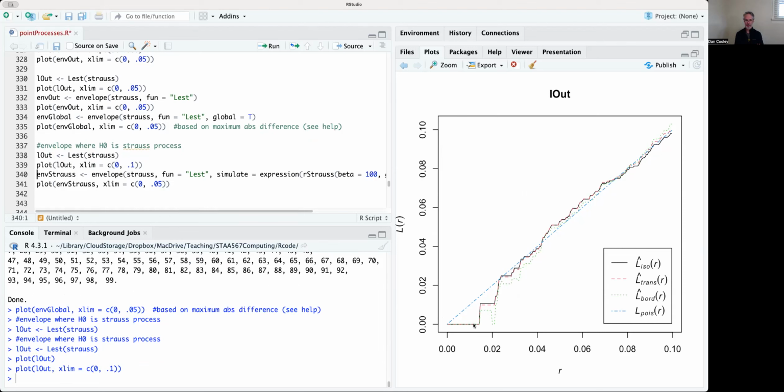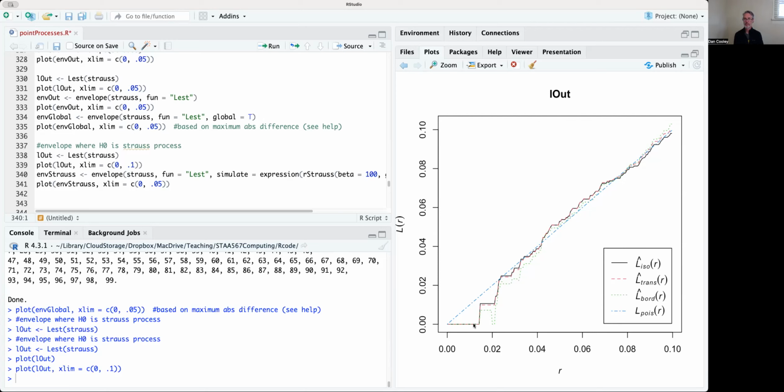But if you think about this procedure of generating an envelope, how does it work? Well, behind the scenes, it's generating a random field according to complete spatial randomness, calculating the L function, storing it, doing that repeatedly over and over again, and then it generates an envelope from those realized L functions from complete spatial randomness.